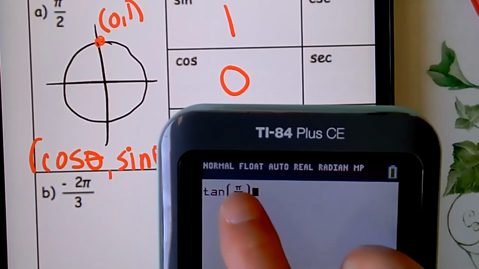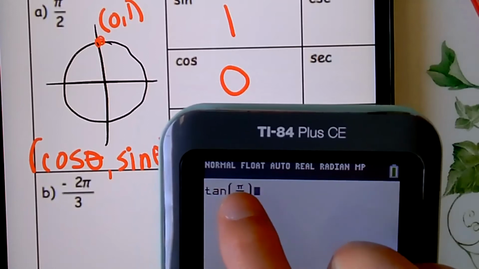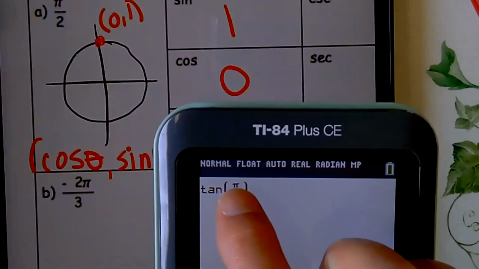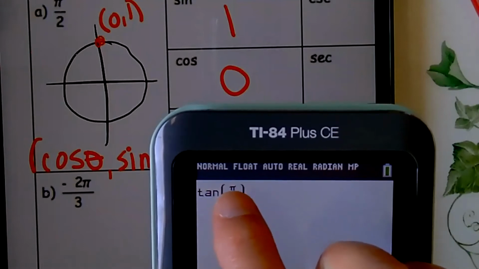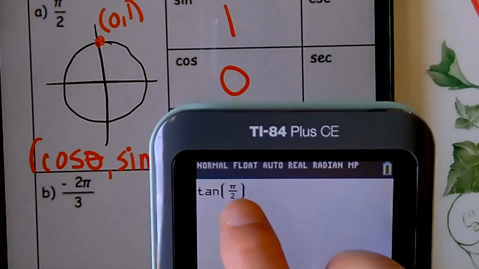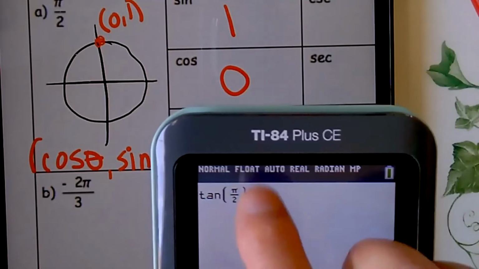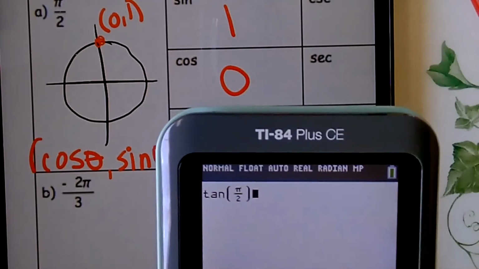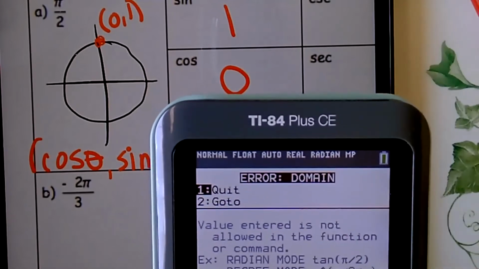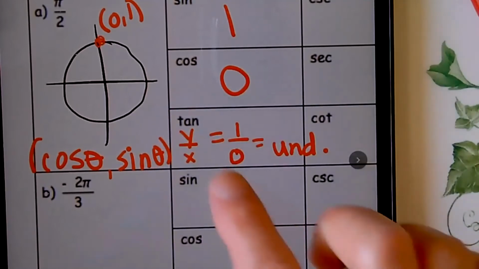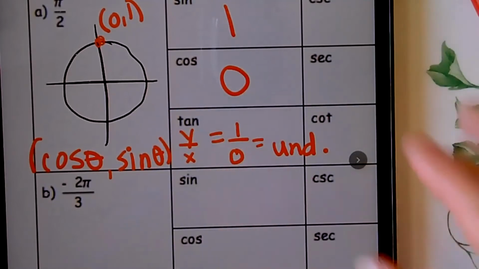Now, when you have a number in front of this, let's say I had 3 pi halves or 5 pi halves, I would want 5 pi in parentheses divided by 2, or put it in as a fraction and it will do the proper order of operation. And you see it gives me error, okay? Because 0 is on the bottom and that's undefined.